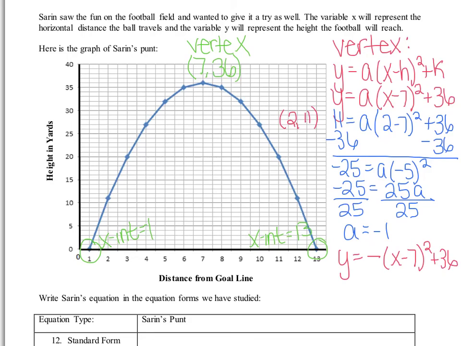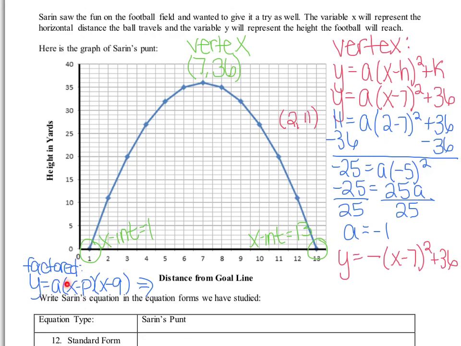Next, I can find factored form pretty easily. Factored form is of the general form y equals a times (x minus p) times (x minus q). Remember that everything that deals with x inside the binomial, these are going to be opposites.